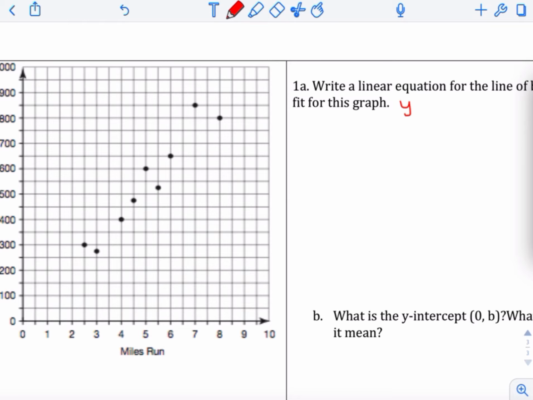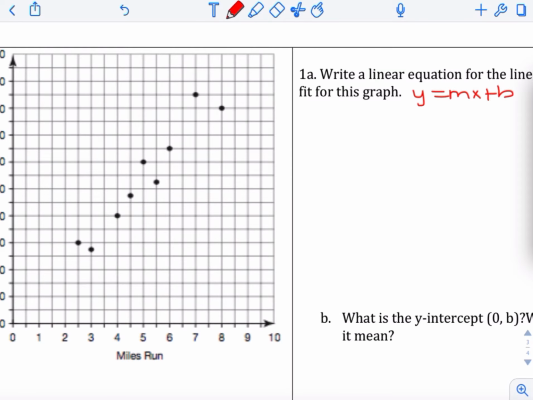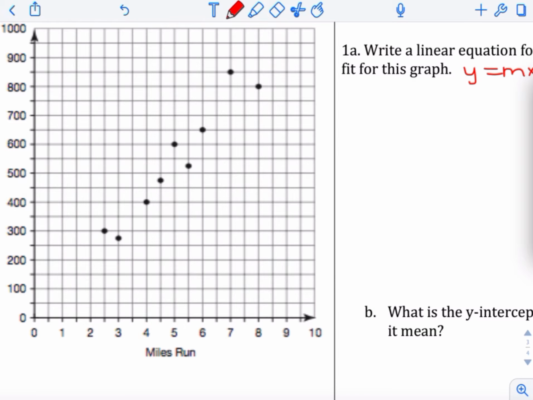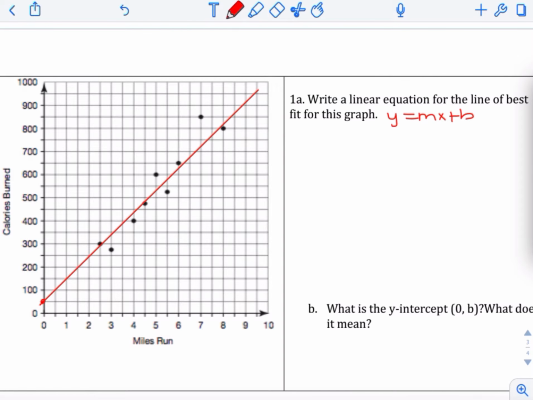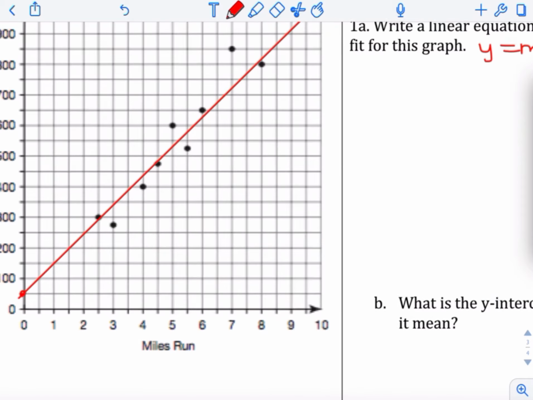Either you use y equals mx plus b, which I can use if I choose this to be one of my dots, 0 and 50, because then I have b.